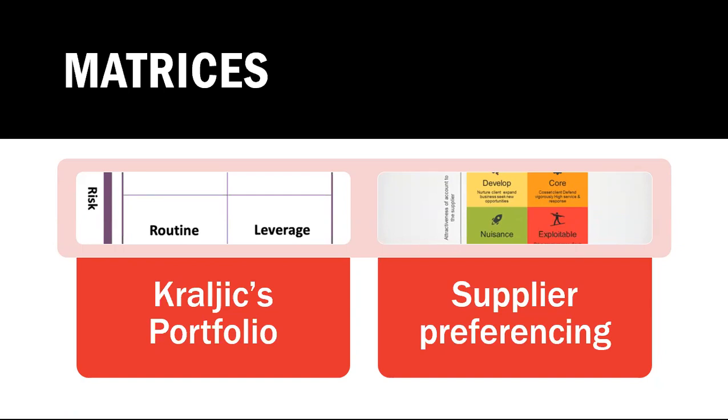For example, if we know that we are in the nascent or exploitable quadrants, we should increase our attractiveness, even if our spend is small, by helping them access the customer base, or helping them go through the procurement process, or facilitating their joining the tendering or request for quotation.